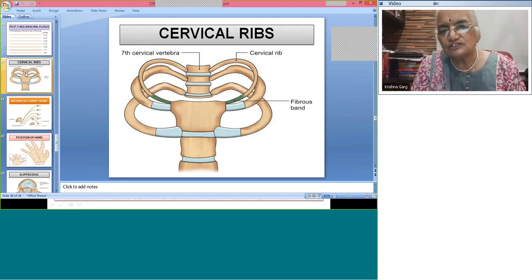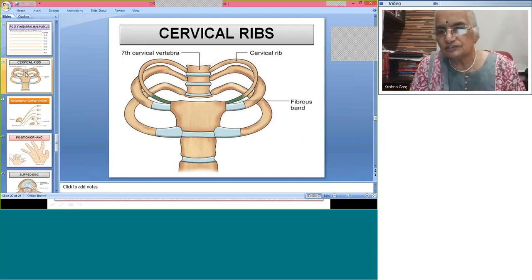So the costal element of the C7 vertebra also gets enlarged and forms a cervical rib. It may be unilateral or bilateral, or it may be small, only the bony part, or it may be big enough and a fibrous band may join the bony element to the upper part of the manubrium sterni.